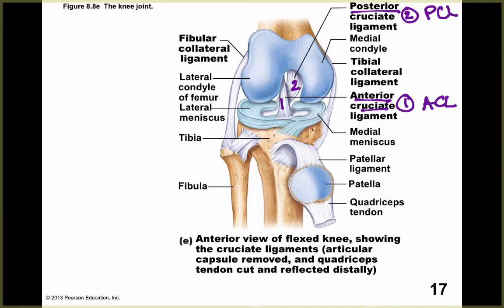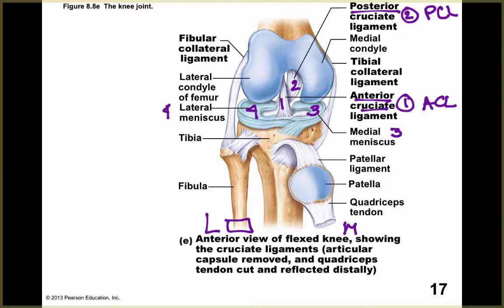When you look at the fibula attaching, that is going to be the lateral side, and the side opposite of that is medial. So this right here is the medial meniscus, and on the other side, this is the lateral meniscus. These are made up of fibrocartilage.